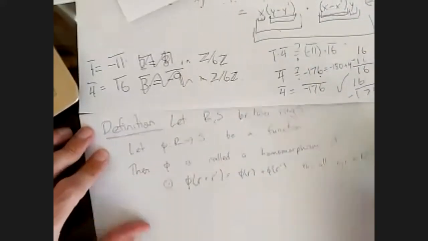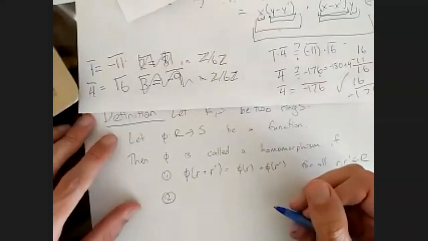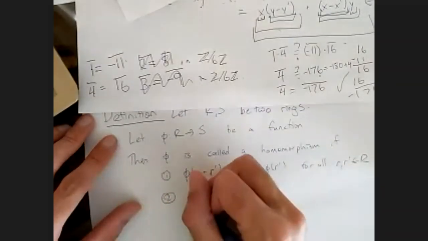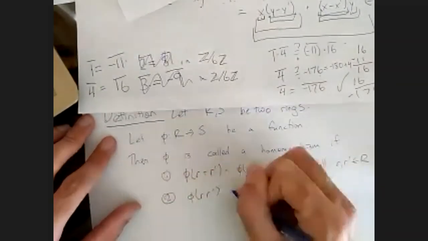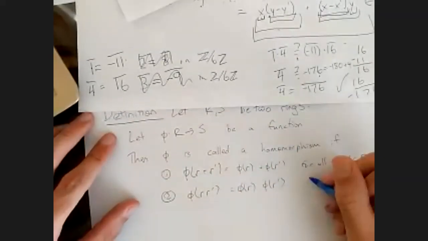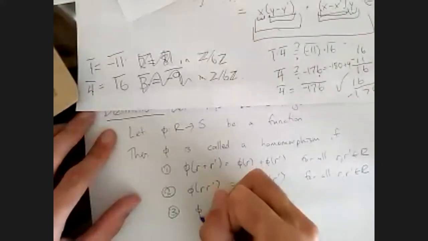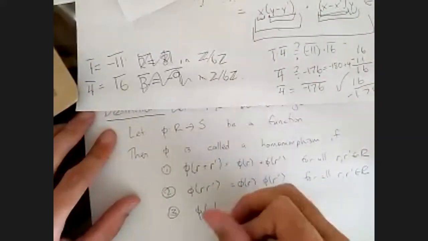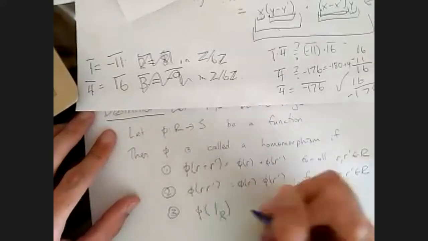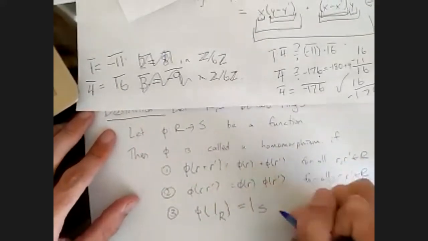Two, phi of r times r prime is phi of r times phi of r prime, again for all r and r prime. Three, phi of 1 sub R, I'll write 1 sub R for the multiplicative identity of R, has to be the multiplicative identity of S.